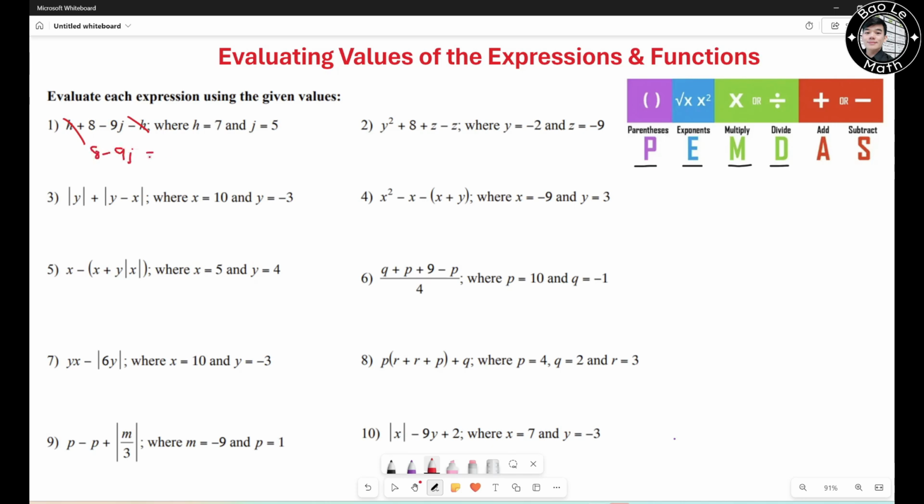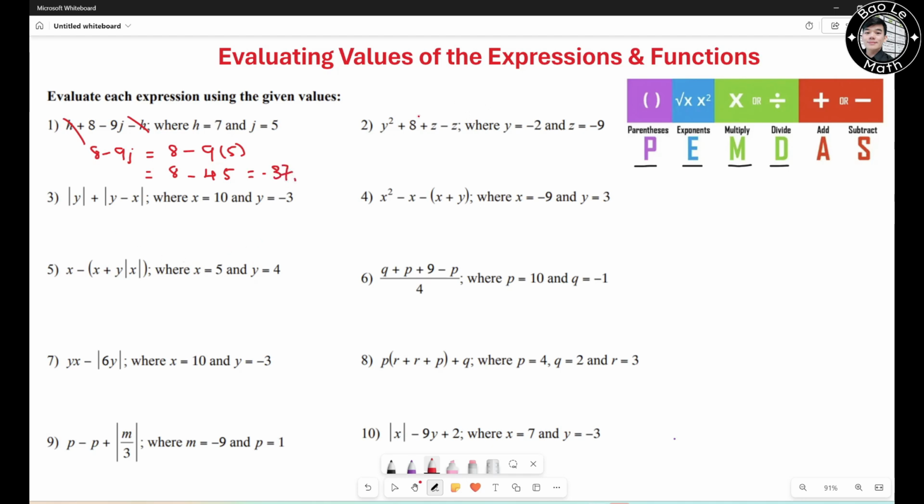But j equals 5, so I substitute 8 minus 9 times 5. Looking at the PEMDAS rule, I need to do multiplication first, so it's 8 minus 45, and 8 minus 45 is negative 37.